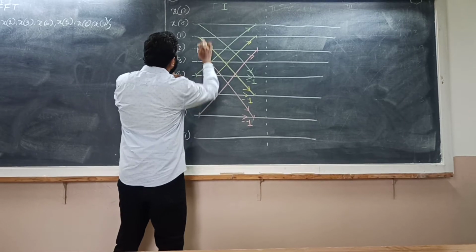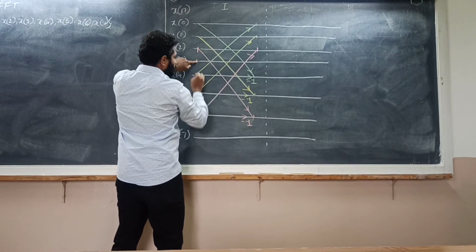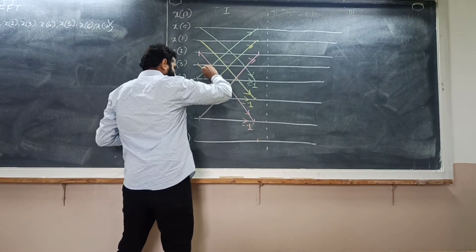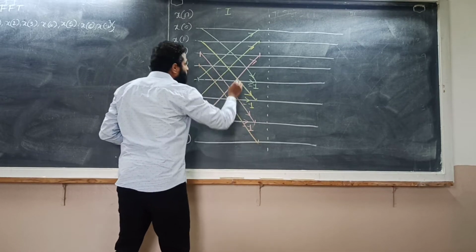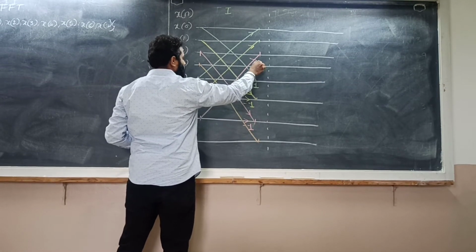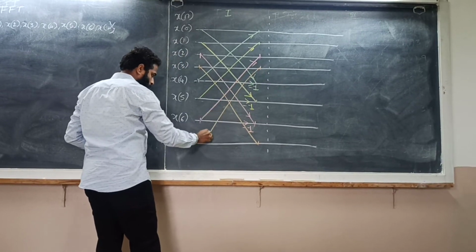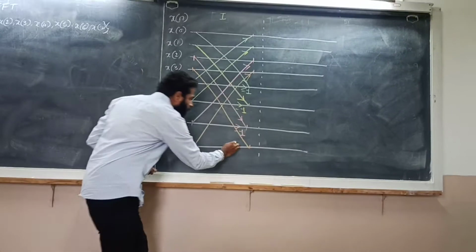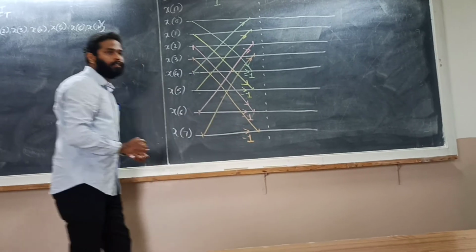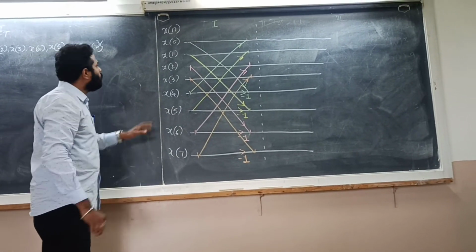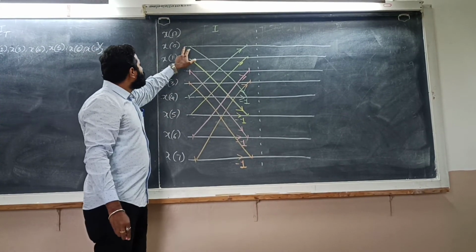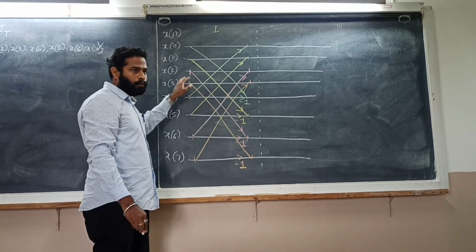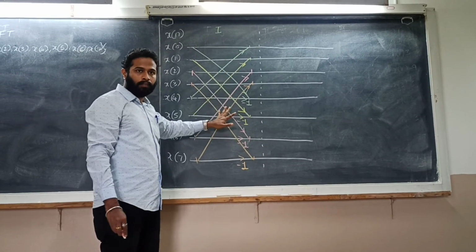So this is 4, 1, 2, 3, 4. By negating 8. So the first stage is taking first value to the fifth value to the first value by negating fifth.